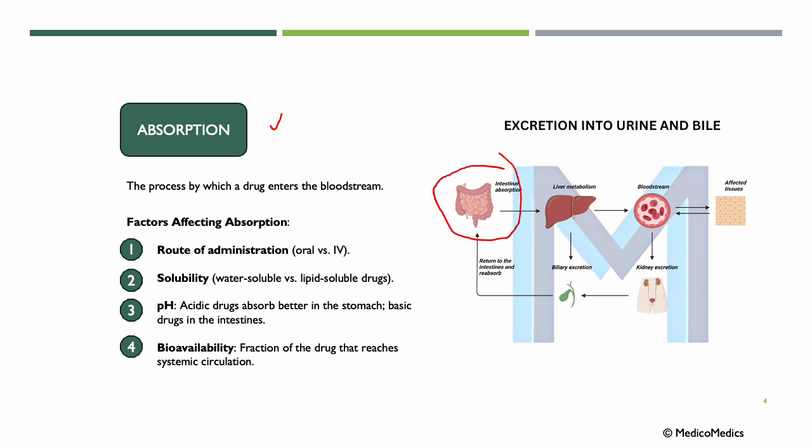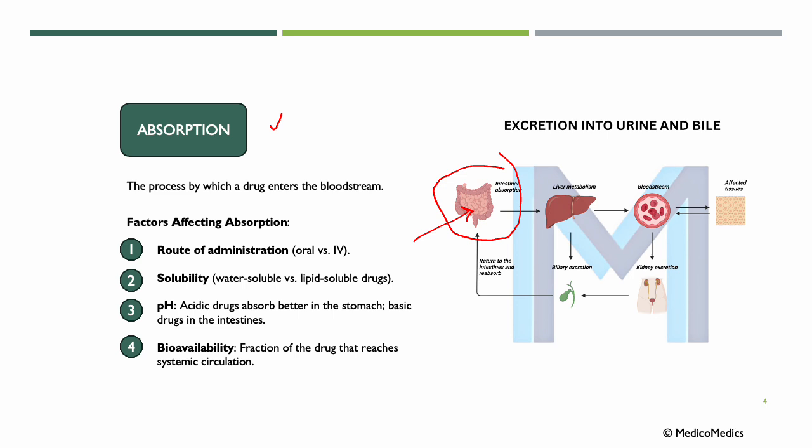The path begins in the gut lumen, where the drug dissolves in GI fluids. It then passes through the intestinal epithelial cells via processes of passive diffusion or active transport. And this is often the rate-limiting step.